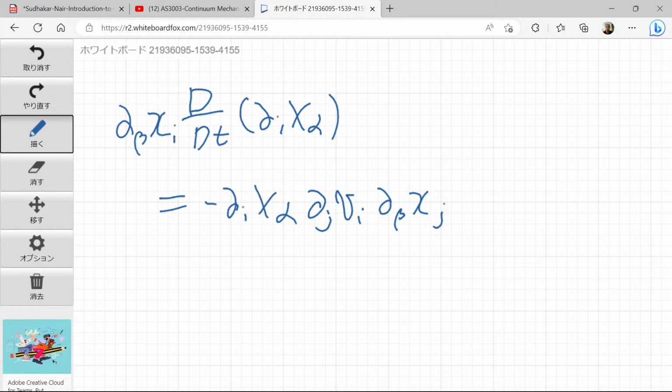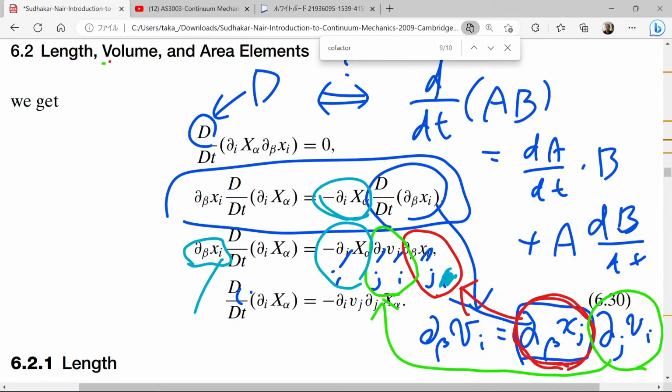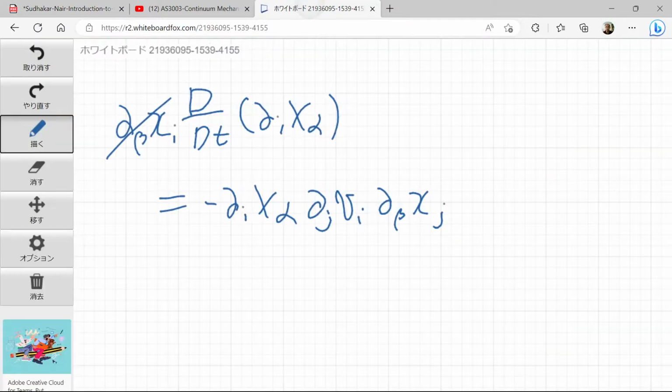Then this author wants to eliminate this one, right? They want to take this out. The question is how you take this out. It's a big question.